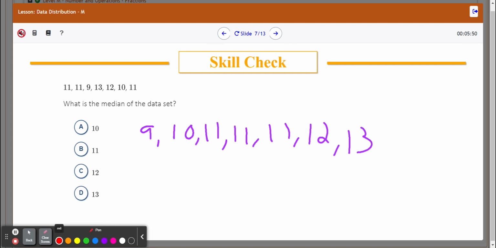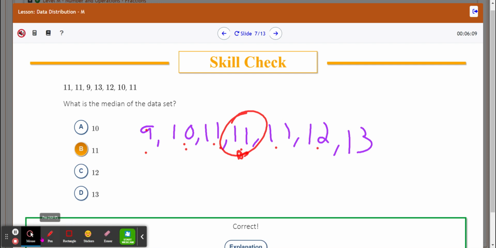Well, how many numbers do I have? 1, 2, 3, 4, 5, 6, 7. So what's in the middle? 1, 2, 3, 4. Boom. This is my median number. There are 3 numbers to the left and 3 numbers to the right. 11 comes right in the middle. So here, it turns out that the median and mean are the same. All right. Now, it doesn't always work out like that. It just happened to work out this time.